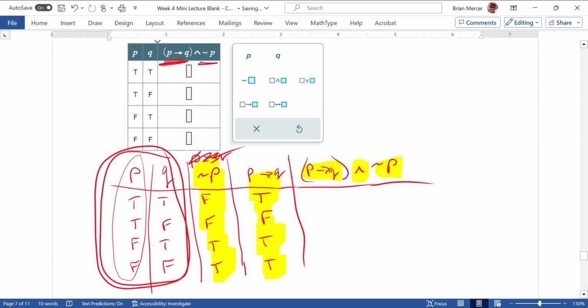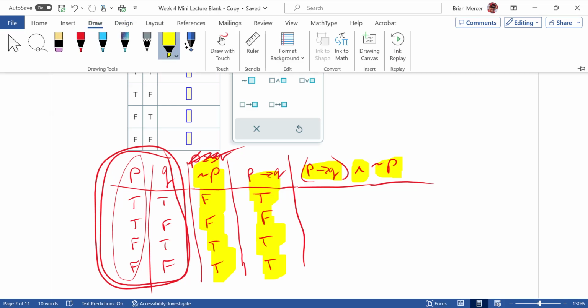So if it was a conditional, I'd have to keep track of the order, but it's just the and, the conjunction. So I'm going to go back to my pen here and say, remember that conjunction is only true if both of these are true.